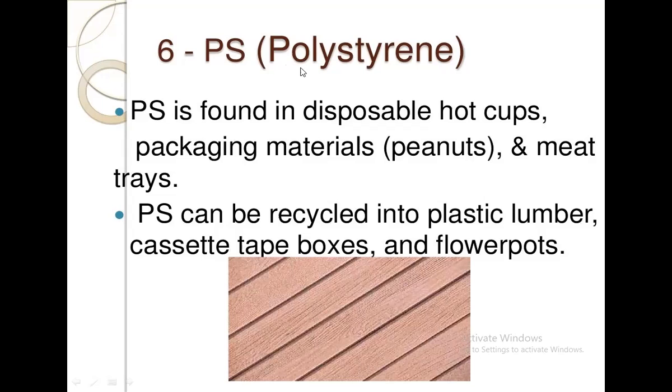Then the sixth, polystyrene. Shortly it is called PS. The polystyrene material is found in disposable hot cups, in which we drink coffee and tea, and packaging materials like peanuts, meat trays.